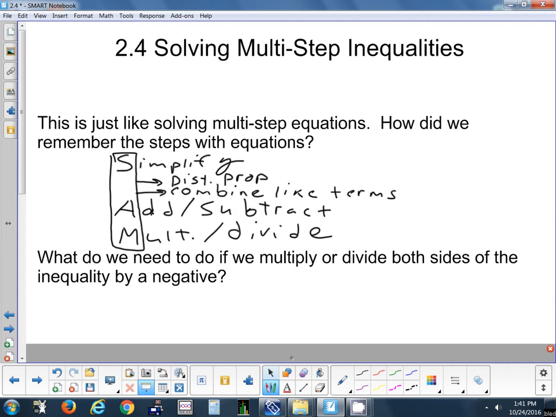Okay, so you guys did pretty good with this earlier. I think we already should know the answer to this. But it says, what do we need to do if we multiply or divide both sides of the inequality by a negative? How about Dominic? Can you tell me what I got to do? If you multiply or divide both sides by a negative, what happens to your inequality?